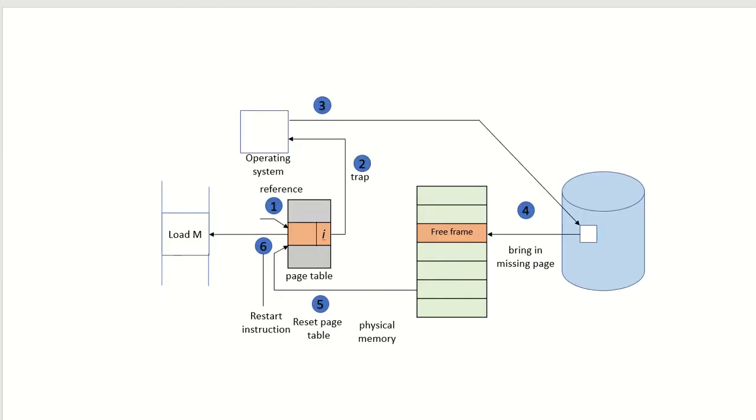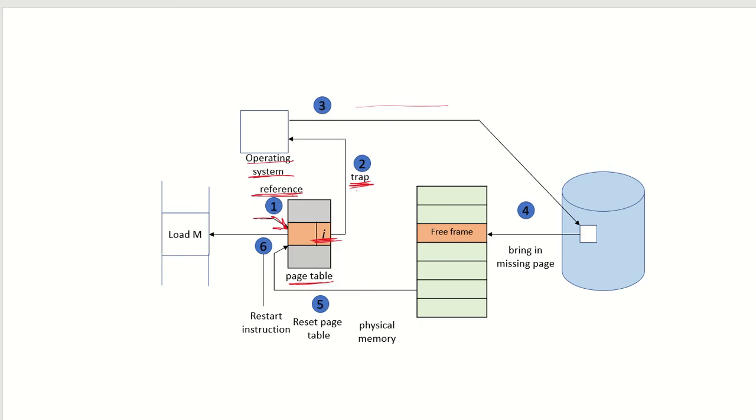So if we look at the sequence of events, there was a reference to a particular address, and when that address was checked in the page table, it was found that the entry was invalid. This invalid entry means there is a page fault, so a trap signal is sent to the operating system.